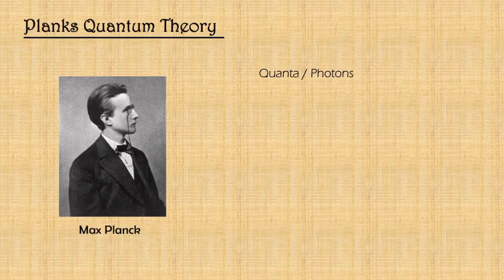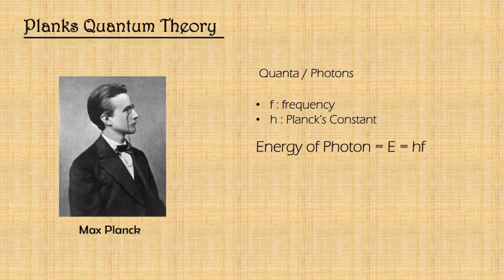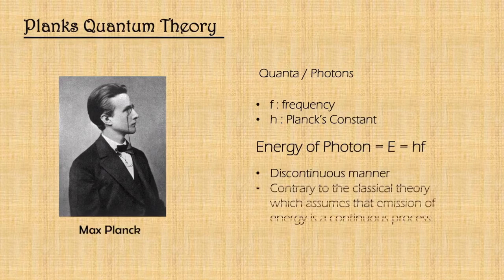If the radiation is of frequency f, each quantum has energy hf, where h is Planck's constant. Thus, energy of photon E equals hf. The energy is emitted in a discontinuous manner. This is contrary to the classical theory, which assumes that emission of energy is a continuous process.